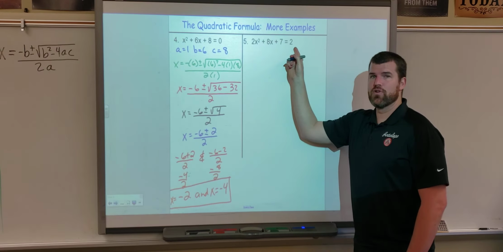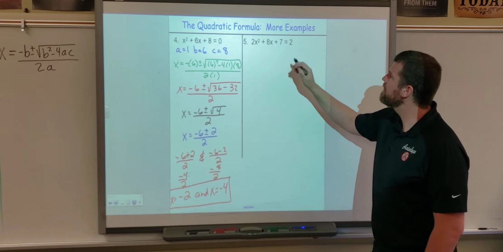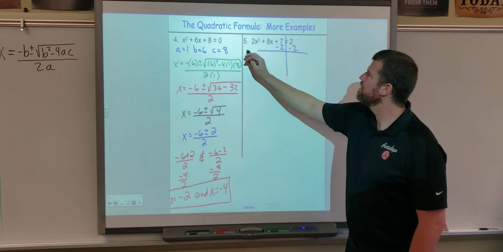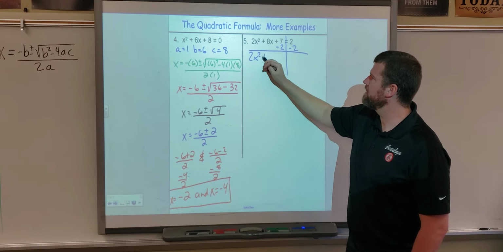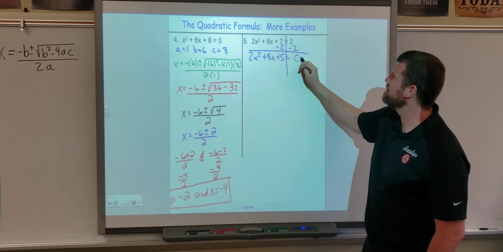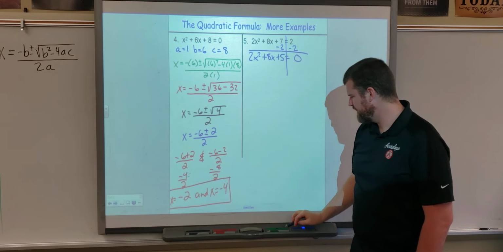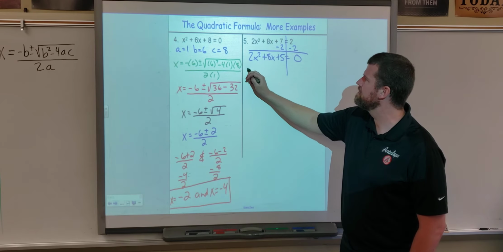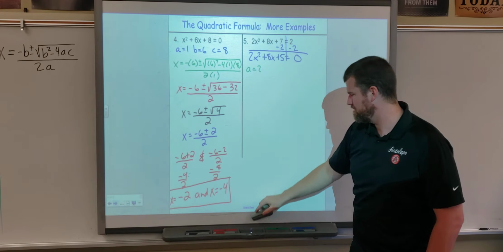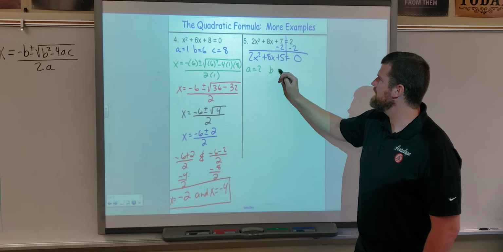Not in standard form, so what do I need to do? I need to subtract 2 from both sides, which gives me 2x squared plus 8x plus 5 equals 0. Identify my A, B, and C. A equals 2. B equals 8.